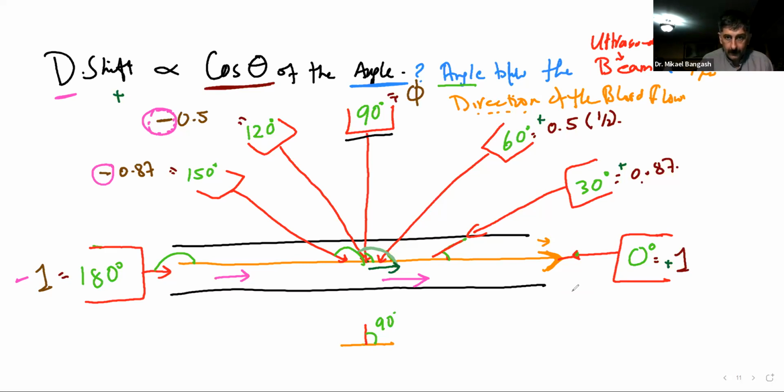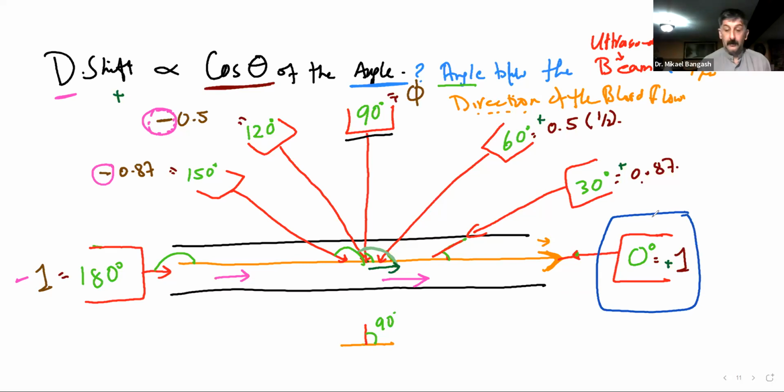Okay, this one here, which is a 0-degree angle, or this one here, which was a 180-degree angle.